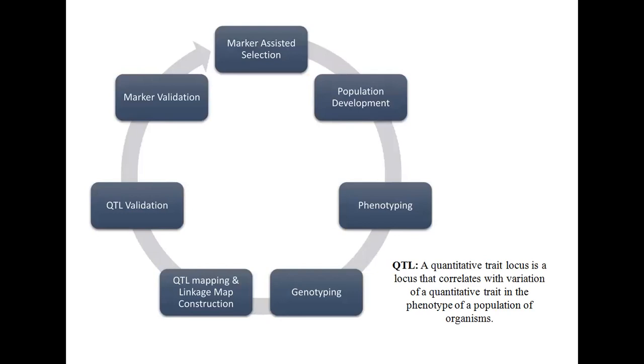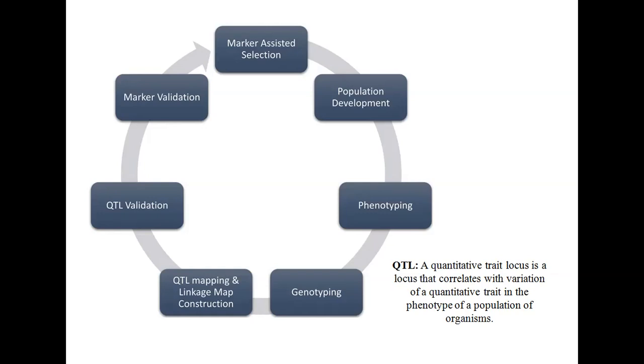So MAS or MAB, marker assisted selection or marker assisted breeding, is the thing using molecular markers to improve the crop. That crop may be a plant crop or animal crop or any microorganism strain development, or regarding their phenotypic generation, new variety release, etc.